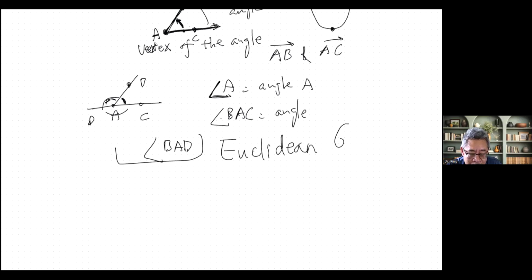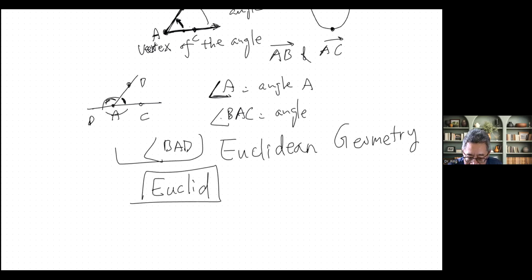Now, this was by a very important mathematician, Euclid. He wrote a book called Elements. Elements is a big book, actually 13 volumes. In that, he gives us almost all the theorems that we know today. Well, not just given, he actually proved them.